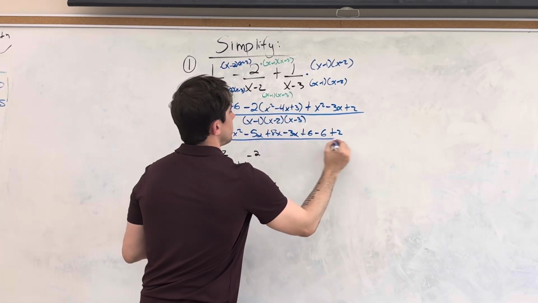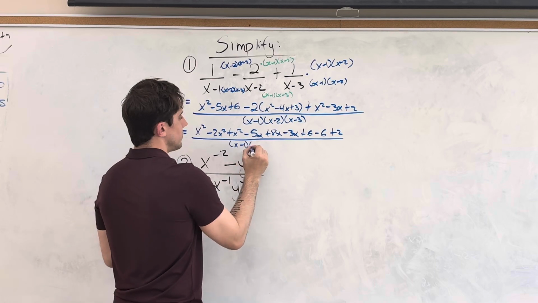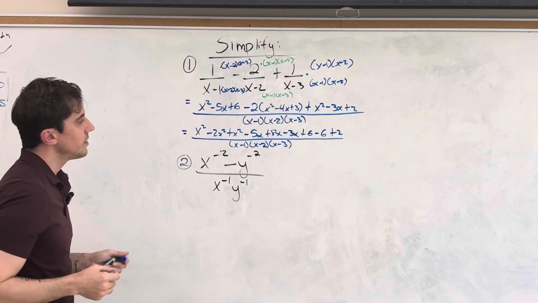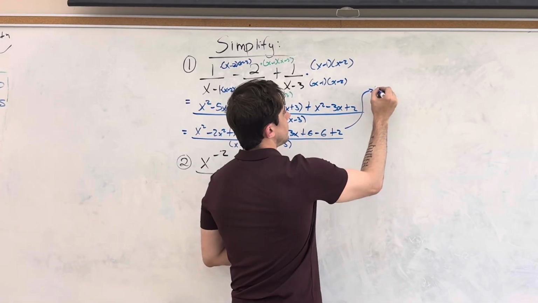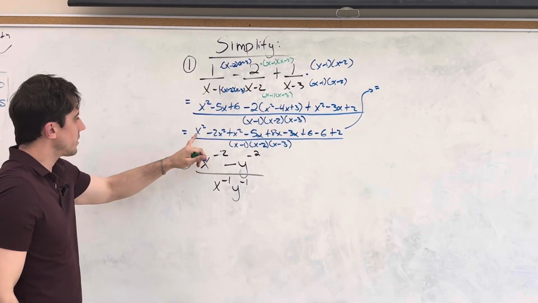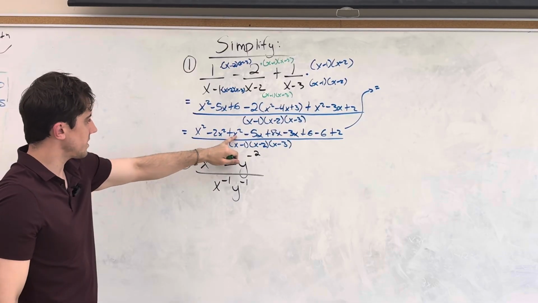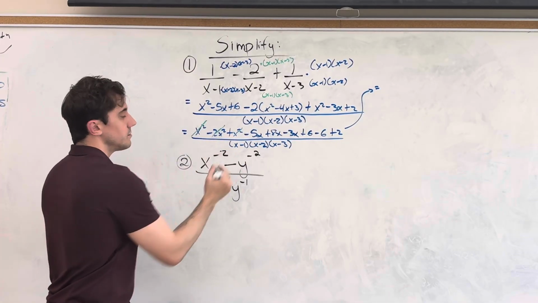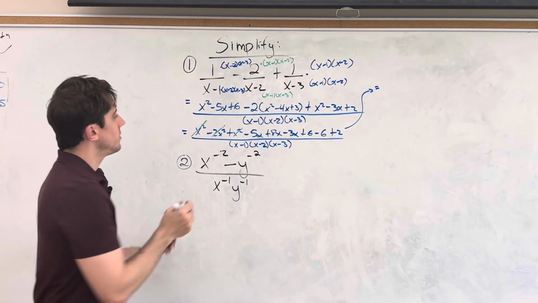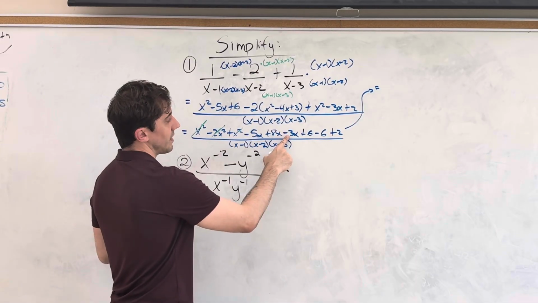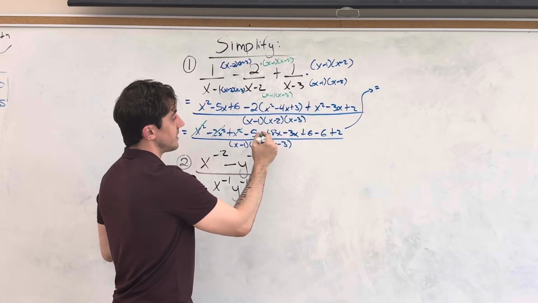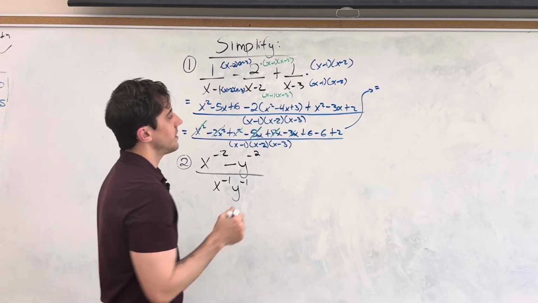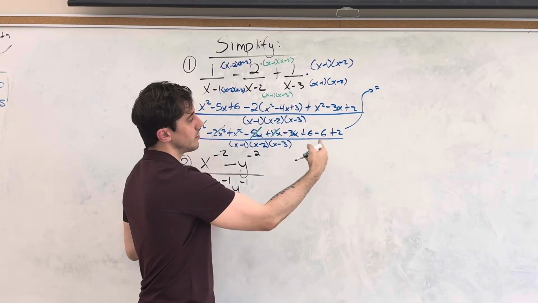And again, all of these are over one common denominator, the product of x minus 1 and x minus 2 and x minus 3. And so now we're just about at the end. We just need to simplify our numerator. So in the x squares, x squared plus x squared minus 2x squared, those conveniently cancel each other out, right? Next, negative 5x minus 3x is negative 8x, plus 8x means the x's cancel each other out as well. And last, we have 6 minus 6, 0, plus 2.